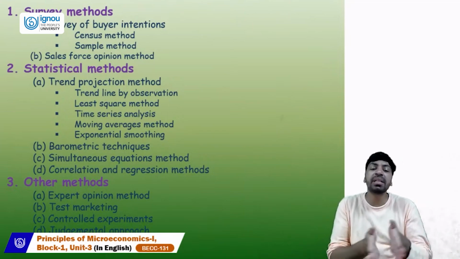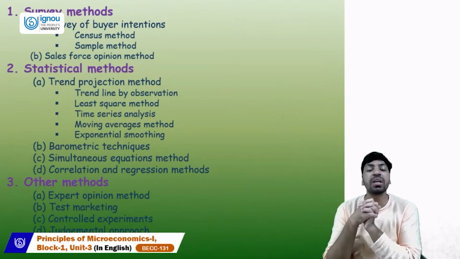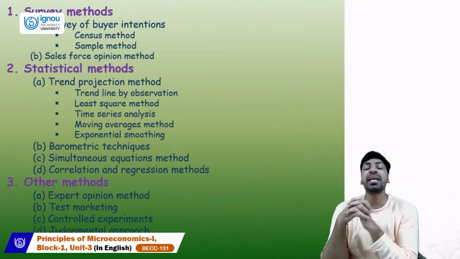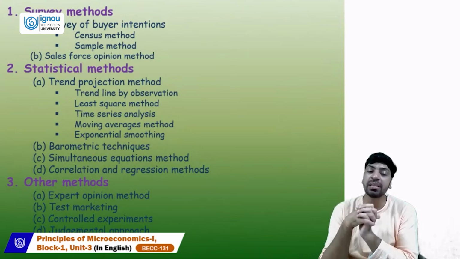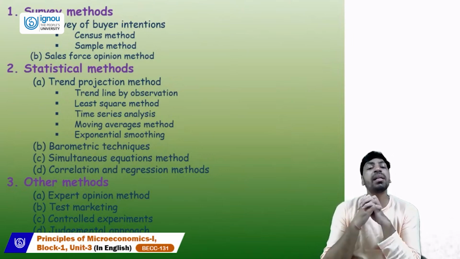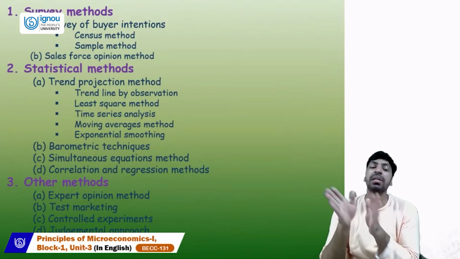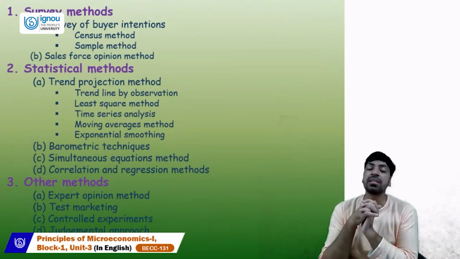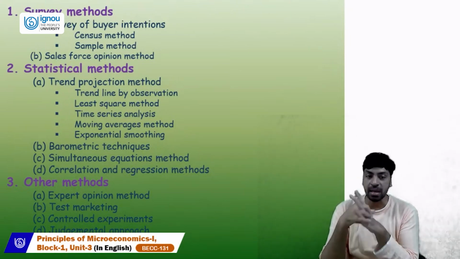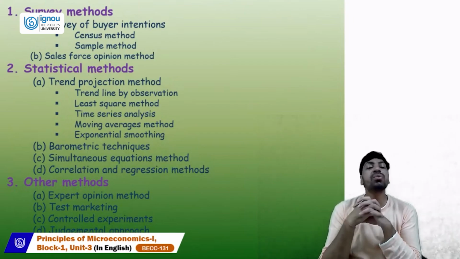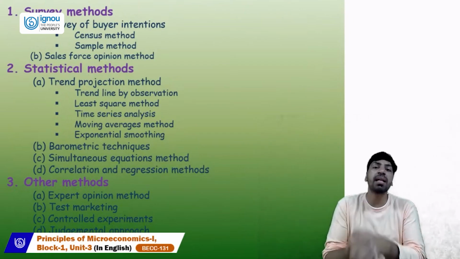So these are the simultaneous equations methods where the intercept values of a and b will be calculated using the mathematical data, and accordingly the results will be used to forecast the demand of a particular product. The next one is correlation and regression methods.